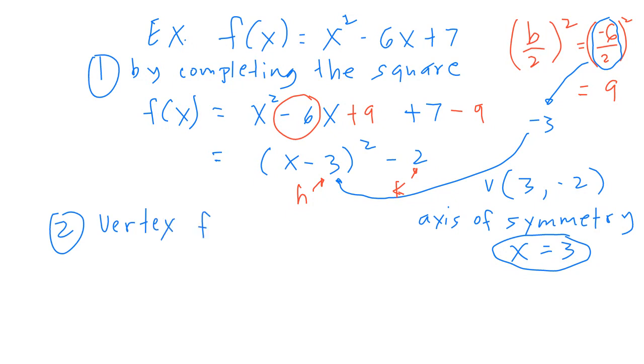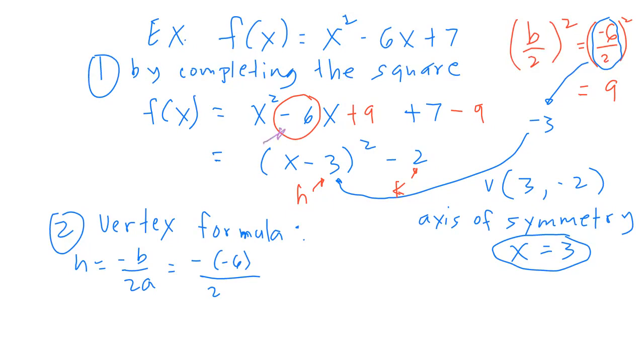you can also find the vertex and solve for your h and k here. So our h here can be solved using the formula -b over 2a. And our b actually is -6 over 2. Our a is, let's label this.